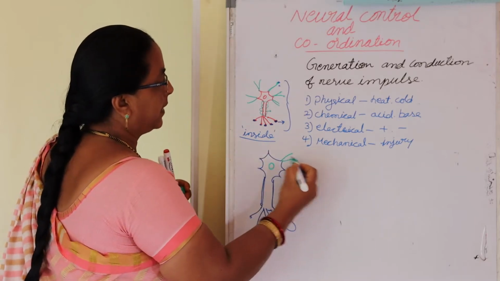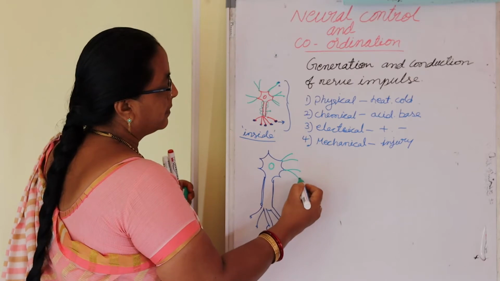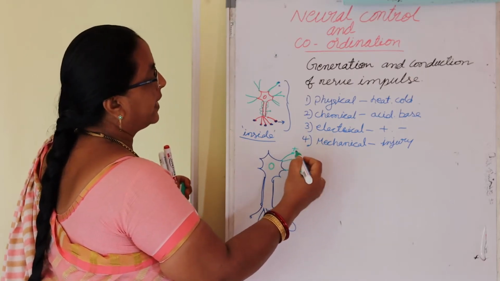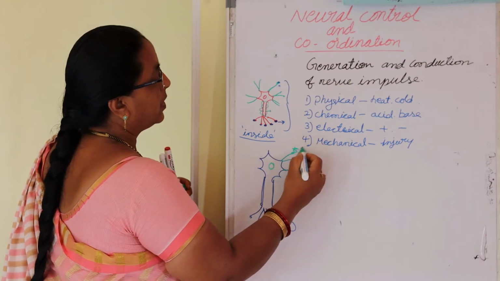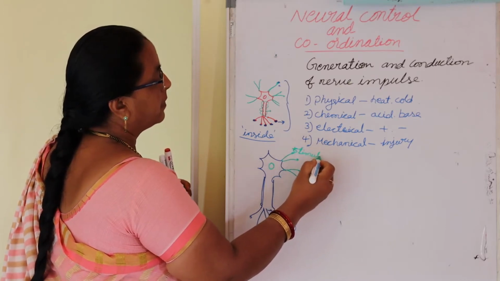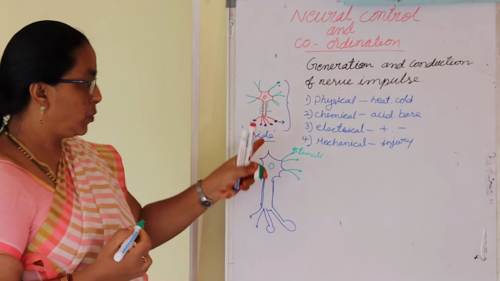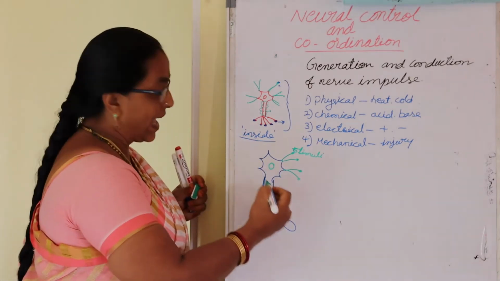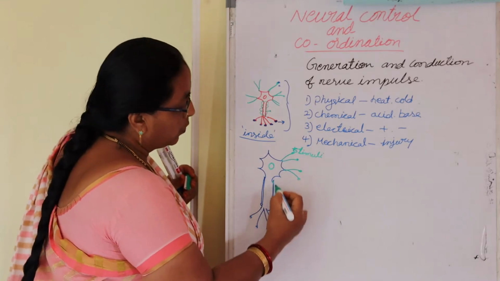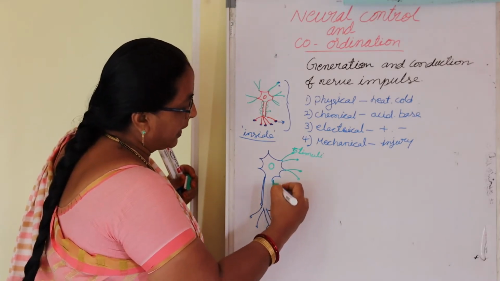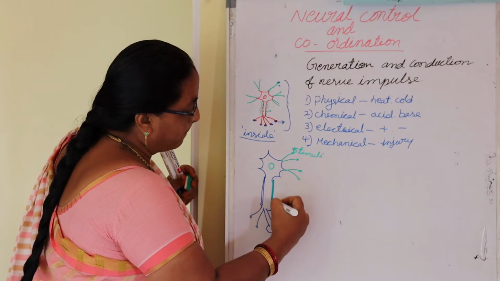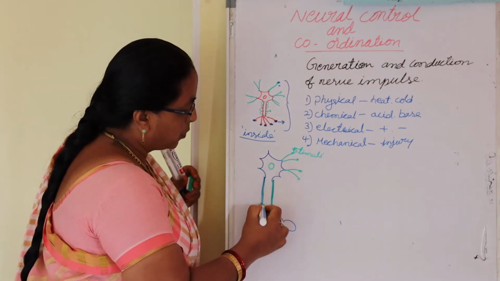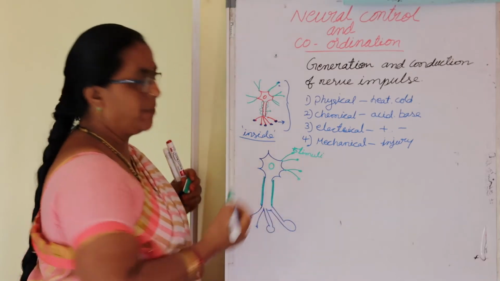Here it is dendrites, which receive stimuli and pass them through the nerve fiber. This portion indicates the axon. So this is the axolemma, that is the membrane. This is also axolemma.